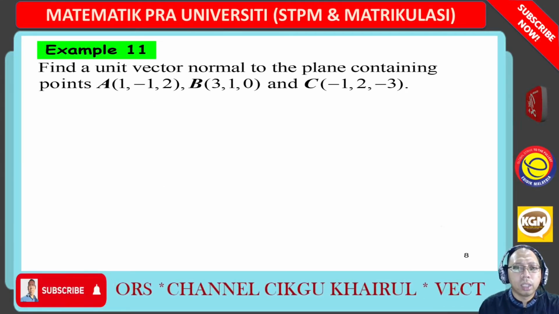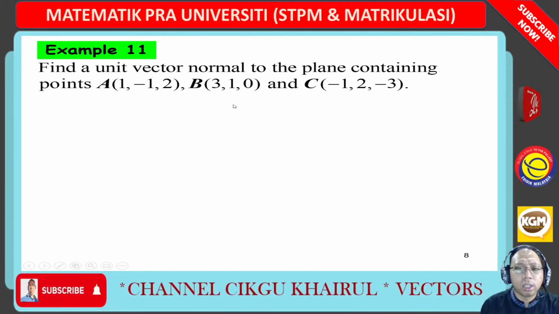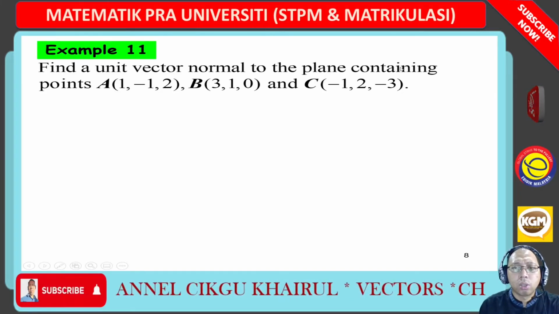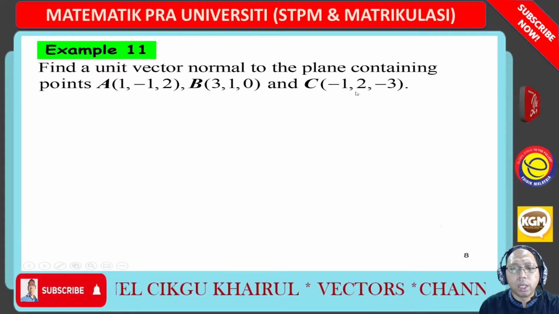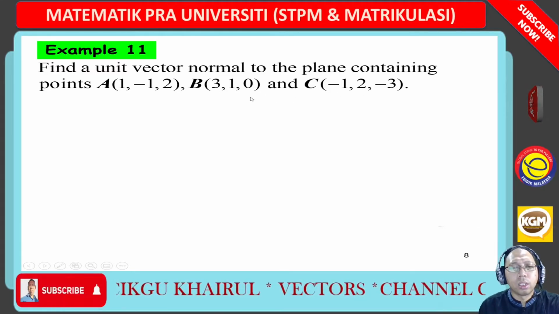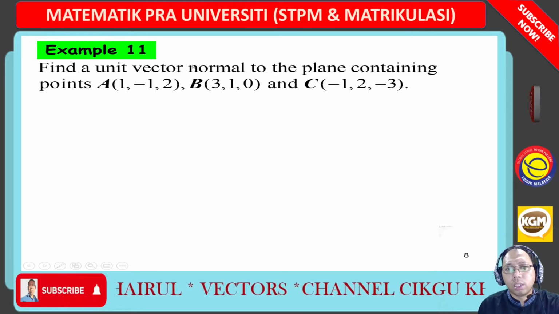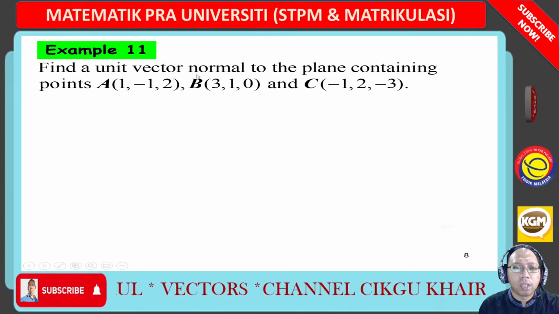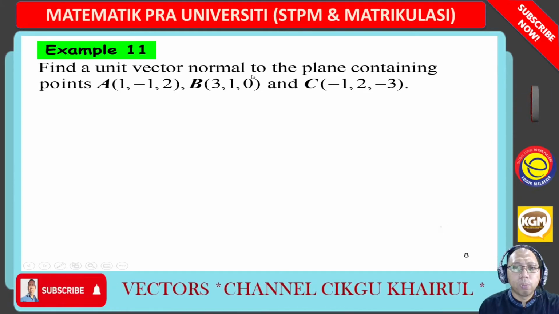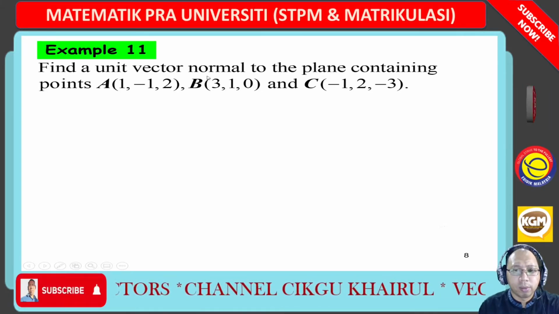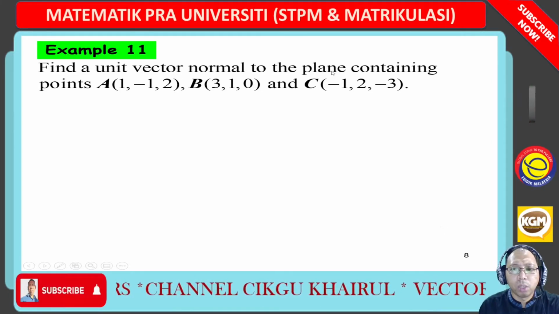So next example, find a unit vector normal to the plane containing points A, B, and C given. Okay, so now the normal vector. As we discussed in the previous slide, the normal vector is perpendicular to the plane.